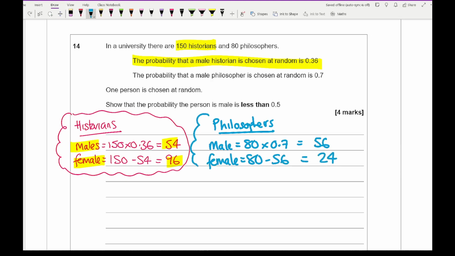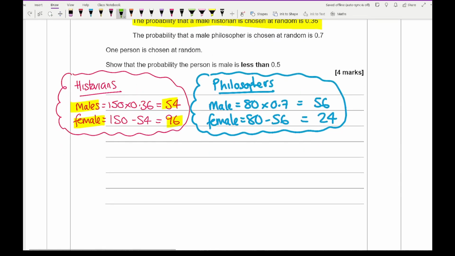Let's put a little bubble around that. Now, in total, the total people is going to be 150 plus 80, which is 230.